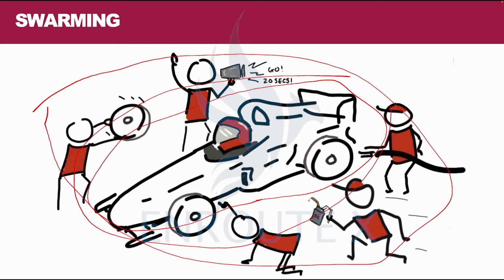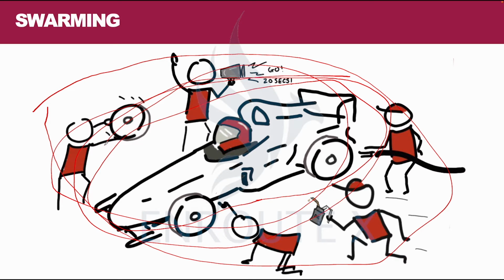At some point the car has a short stop to check its status, change the tires and a couple of other things, and they do that in a jiffy, in a few seconds.